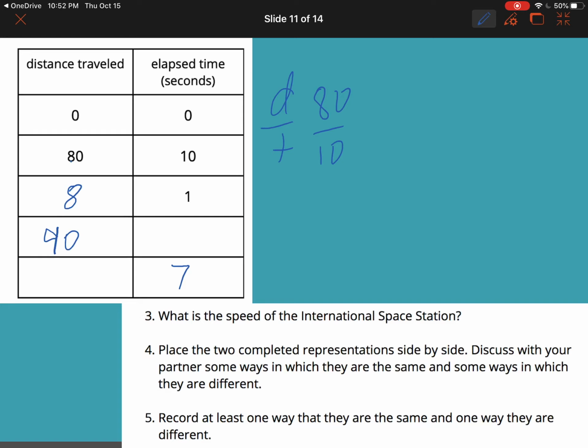And so no matter what you're trying to work out, always use distance over time. We know it's 8 over 1. And we want it to equal distance of 40. We know 40 over the time. We don't know what that is. So 40 cross multiply times 1 is 40 divided by 8 is 5.